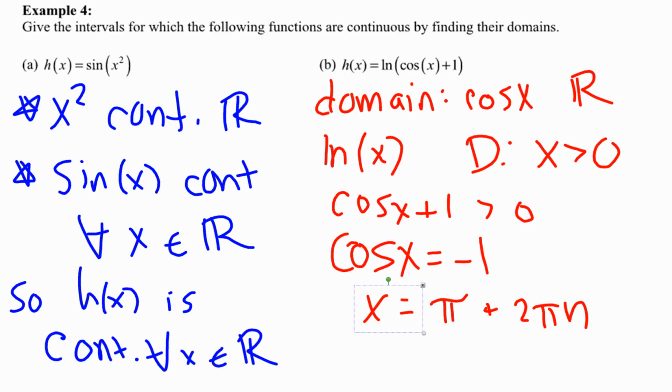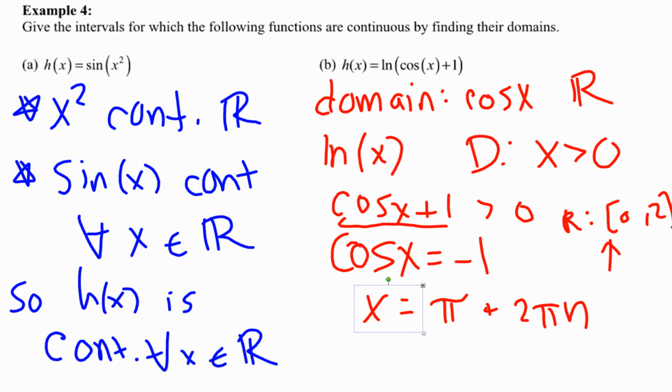The other thing is, is cosine of x plus 1 always greater than 0? Well, the range of this, since it's just the cosine function moved up 1, instead of being -1 to 1, is 0 to 2. So it's going to be greater than 0 everywhere but where it equals 0.